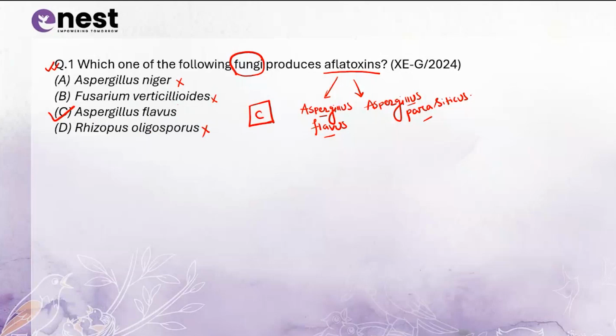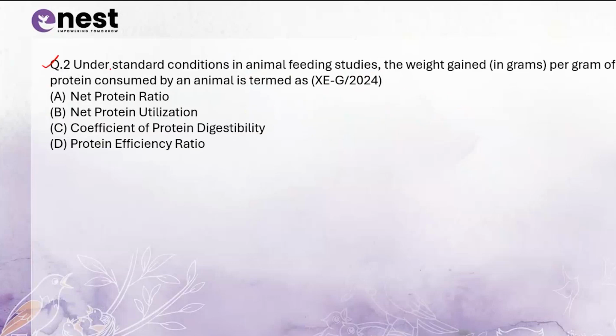So next question is, under standard conditions, in animal feeding studies, the weight gained in grams per gram of protein consumed by an animal. Suppose we are having an animal P. The protein consumed by P is X gram.